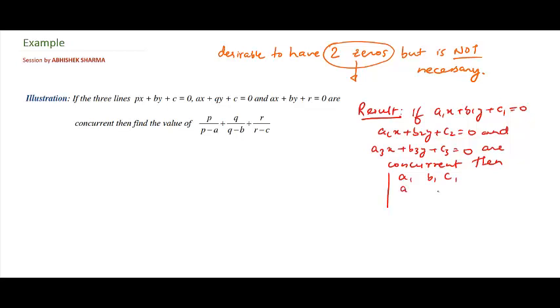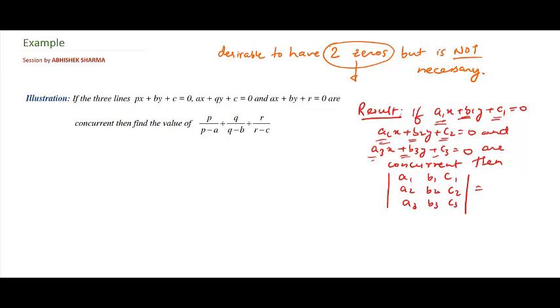The coefficient determinant a1 b1 c1, a2 b2 c2, a3 b3 c3 becomes 0. These are coefficients of x, y, z. So a1 b1 c1 is in the first row, a2 b2 c2 in the second row, a3 b3 c3 in the third row. We are not going into the proof of this.